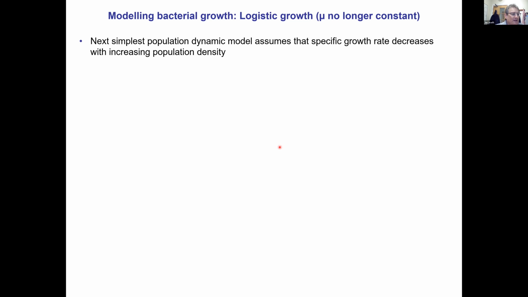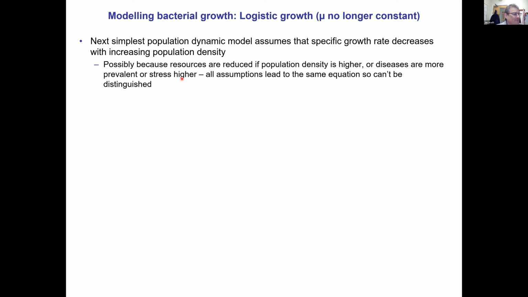So now we assume that the specific growth rate is decreasing if the population density increases. There could be different reasons for that. Maybe at higher population densities, you have more disease, or you have higher stress, or you have reduced resource availability.